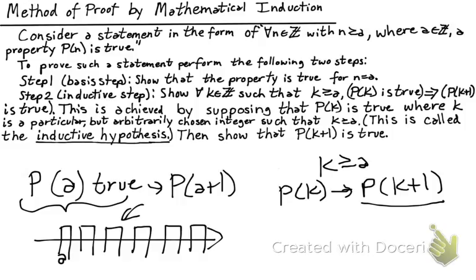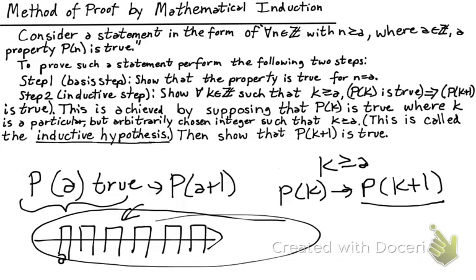And that assumption of truth leads to the inductive hypothesis. You use the inductive hypothesis to show that it is also true for the k plus first value of n. And in that way, you show that for all values of n, your statement or your principle is true. So that's mathematical induction. It's very powerful. It proves an infinite number of things when it goes ahead and does it. But it's also thought of as one of the lesser proof methods.